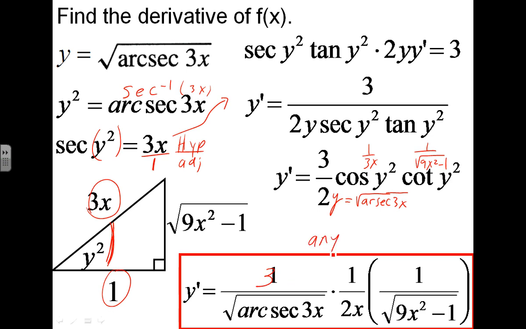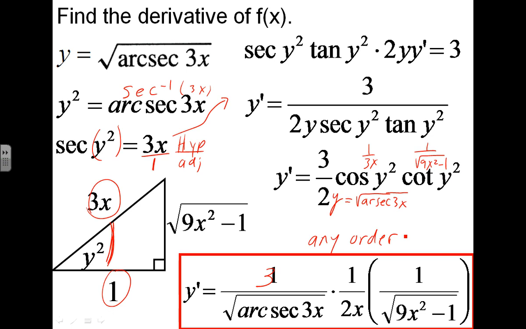Yes, these can be in any order. It doesn't matter. You don't have to rationalize. You can leave your answer just like that, because later on, if you find the slopes of the tangent line and things like that, woohoo, it'll get a lot more fun than this. Trust me. All right, so I think the 3 should be in there, unless somebody figured out where it went. I'd say it would probably still be in there.